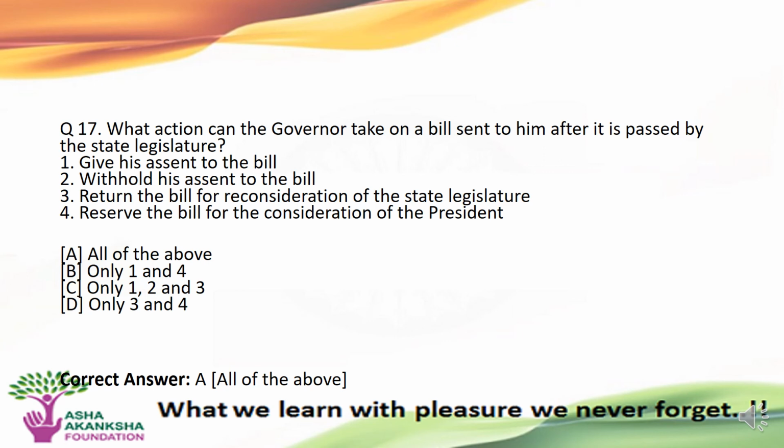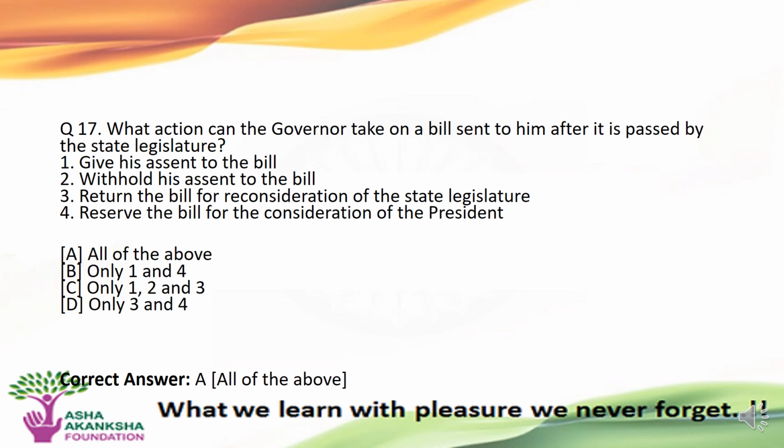The options to the above question are A. All of the above actions are correct. B. The governor can take only action 1 and action 4. C. The governor can take only actions enumerated in statements 1, 2 and 3.